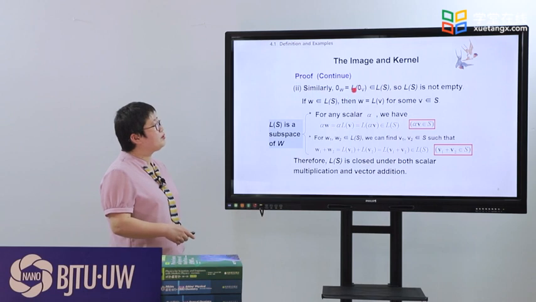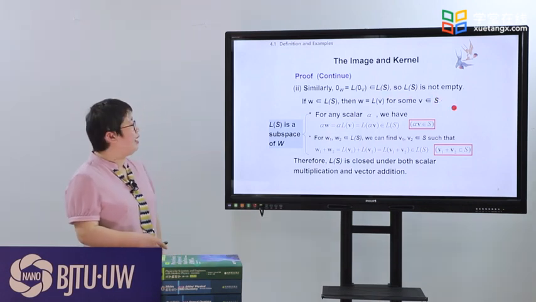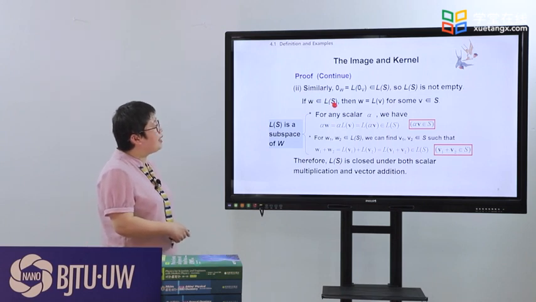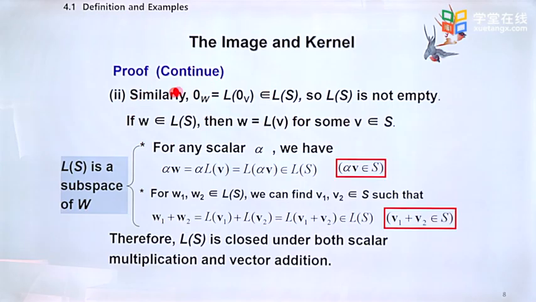Similarly, 0_W equals L(0_V) belongs to L(S), so L(S) is not empty. If w belongs to L(S), then w equals L(v) for some v belonging to S. This is the definition of L(S). There must be some vector v such that w equals L(v). And for any scalar α, we have α times w equals α times L(v).